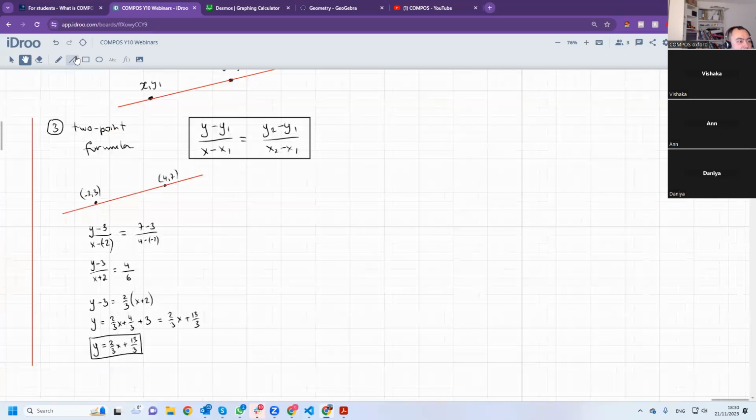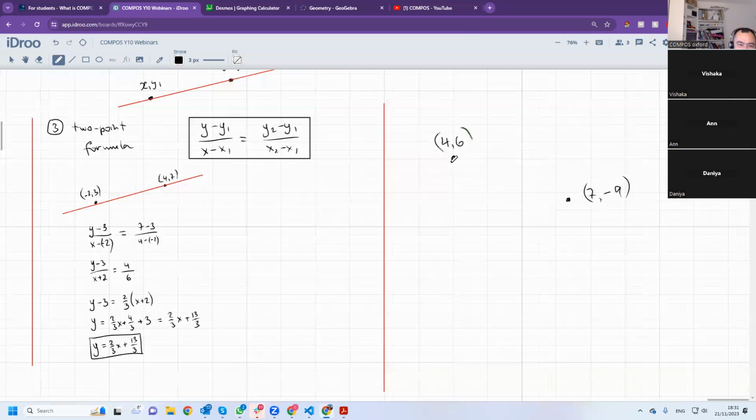Okay, so if you take any 2 points, for example 4, 6, and 7, minus 9, and we want the line passing through the 2 points.